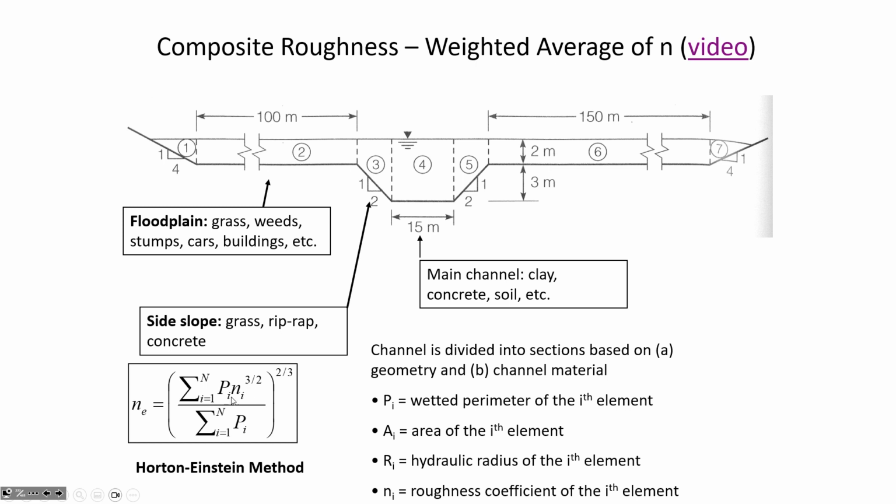You would take the n value to the 3/2 power when creating the numerator, and then the sum, all of it together, is to the 2/3 power. That perimeter weighted average has just been observed to be more accurate than, for example, a simple average, where you're not taking into account the distance over which each one of those n values applies. So that's how you'd find a composite n value.